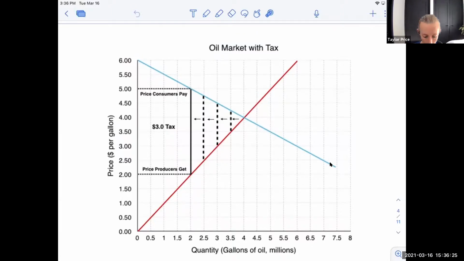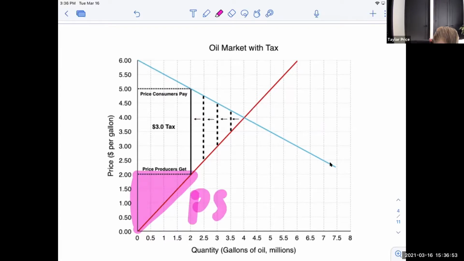So in this example, the tax is $3. And the price that consumers pay is going to be this $5 price right here. And the price that producers get is going to be $2 right here. So if I was going to map the consumer and producer surplus, this is going to be producer surplus.